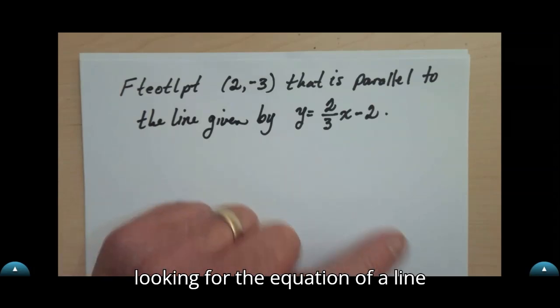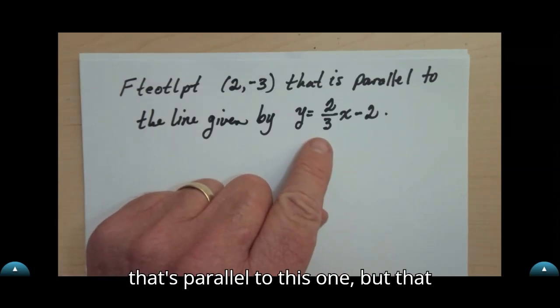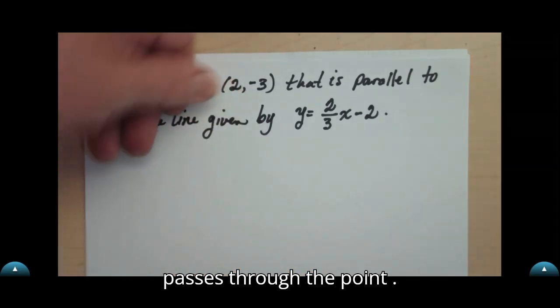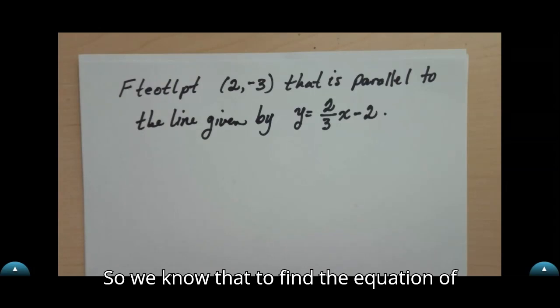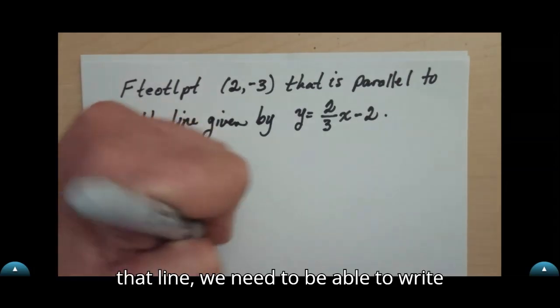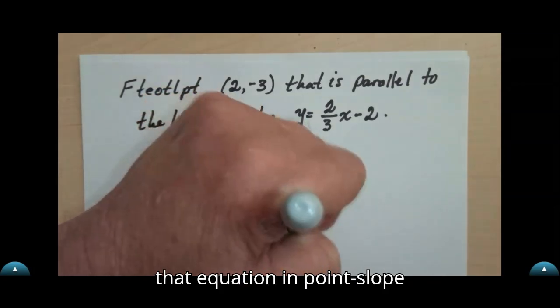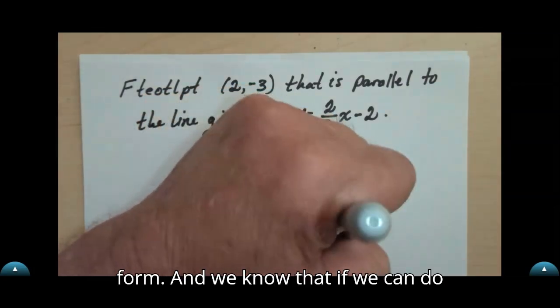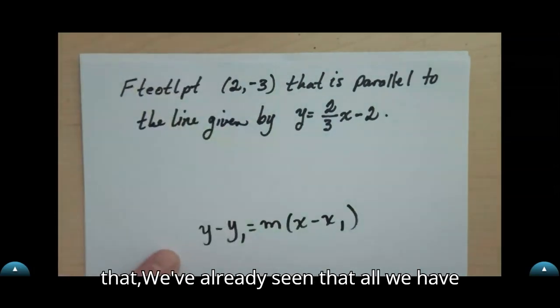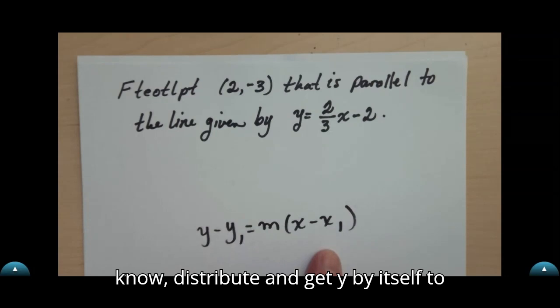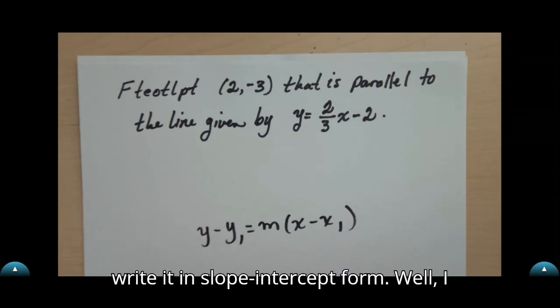We're looking for the equation of a line that's parallel to this one, but that passes through the point (2, -3). So we know that to find the equation of that line, we need to be able to write that equation in point slope form. And we've already seen that all we have to do then is shuffle it around, distribute and get y by itself to write it in slope intercept form.